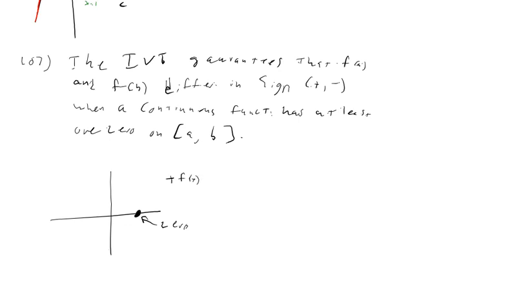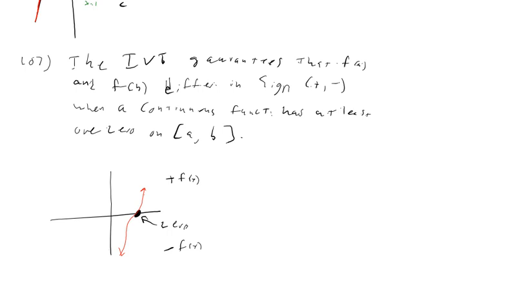Am I guaranteed that my graph has to go from negative to positive? Am I guaranteed that this has to be true if I have a zero? Does it have to follow this path? That's what this is asking. So what do you think, everyone? True or false? Do I have to go from negative to positive?